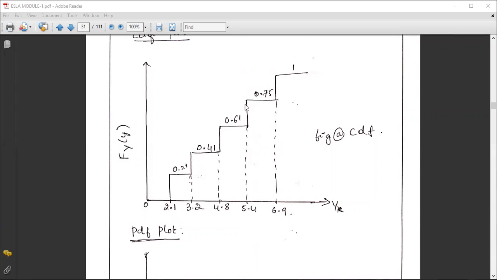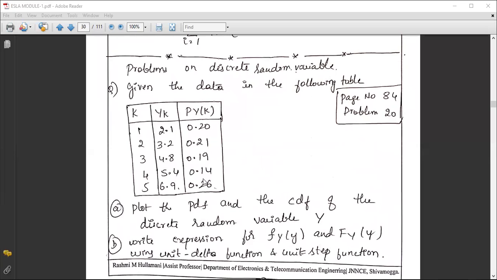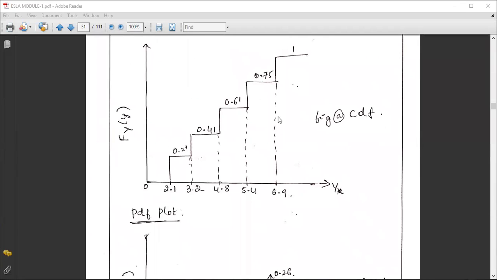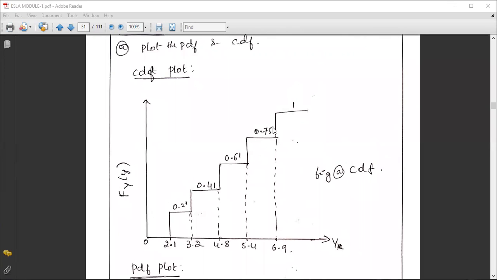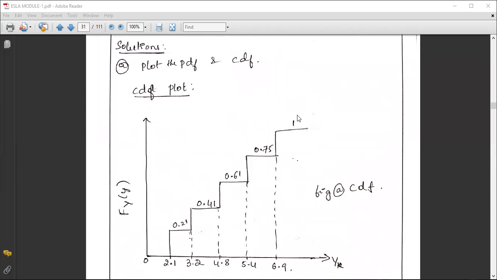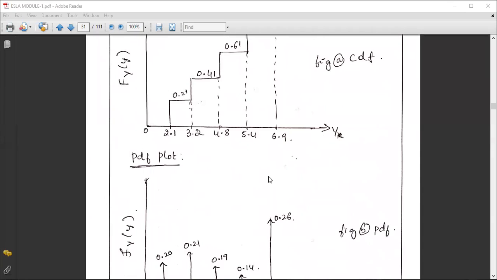For 5.4 we are plotting 0.14, which gives 0.74, and for 6.9 we are plotting 0.26. The maximum probability is 1. Okay, this is how we plot the CDF. This is an easy process.